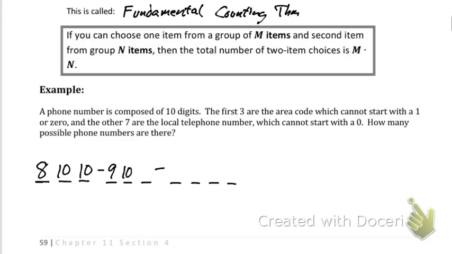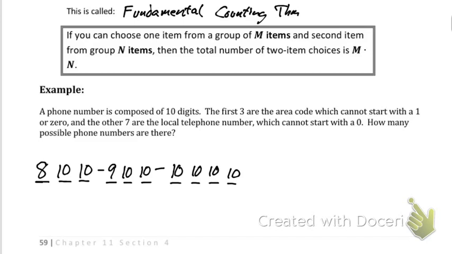Everything else doesn't have a restriction on it. Now this is the fundamental counting theorem because I'm going to pick one number from each of these bins. That's what it's saying. If you can choose one from each of them, it falls into the fundamental counting theorem.